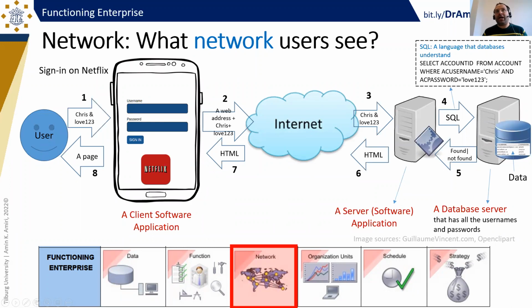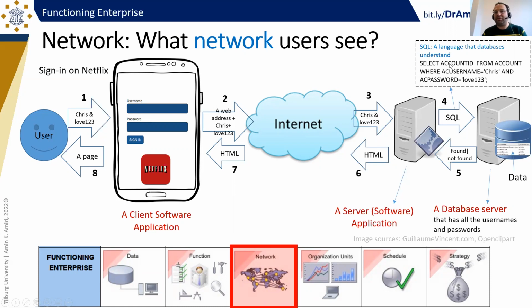But we also have network users in the organization, and their view can also be different. When you provide your username and password on your cell phone or on the web, it goes through the internet to reach the server software application of Netflix. So this Chris and Love123 will be given to the application, and then this application turns that into another language called SQL.